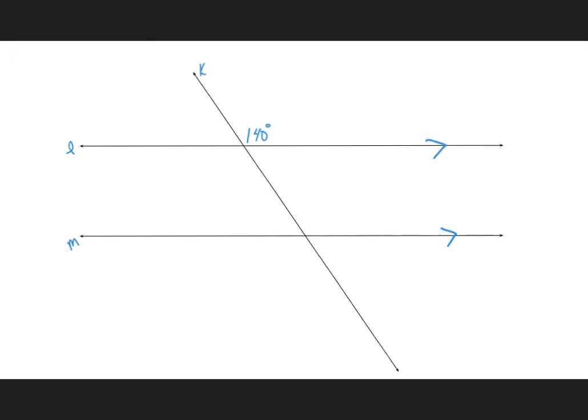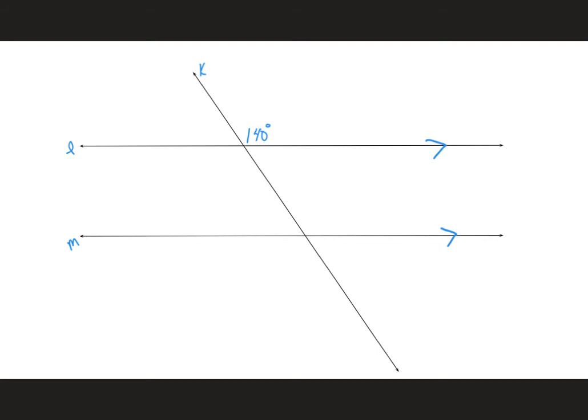Okay, so we learned a lot of theorems and it might seem a little confusing, so you're definitely going to need to watch this video again. But we can use the theorems to solve for all the angle measurements inside of parallel lines. So I have lines L and M, they're parallel to each other. And then I have line K, which is the transversal. So if I'm told that one of the angles is 140 degrees and I need to find all the angle measurements, I can do that.